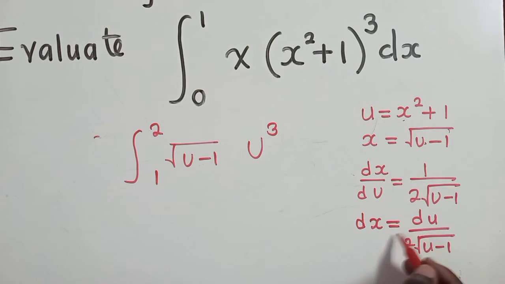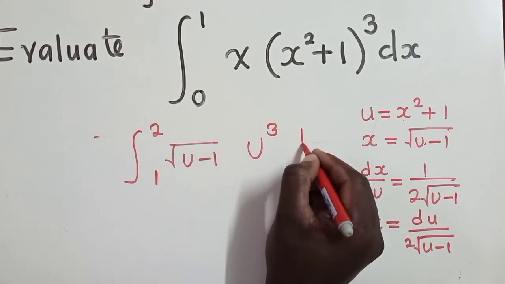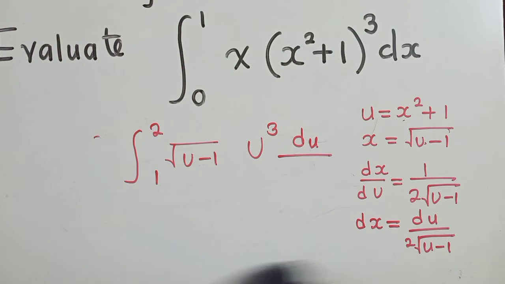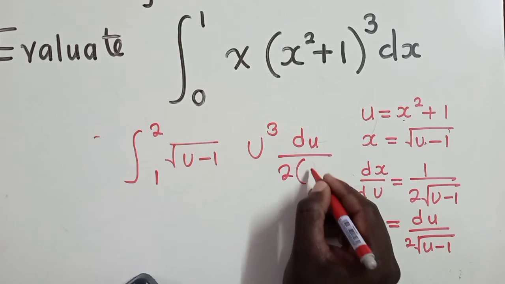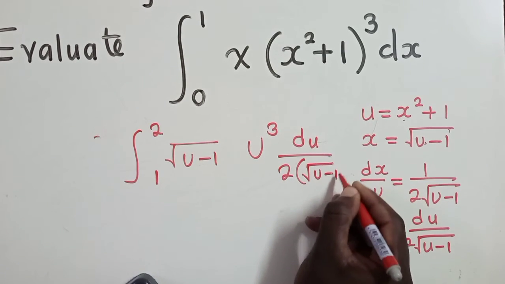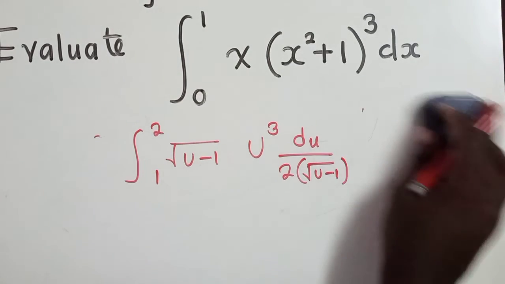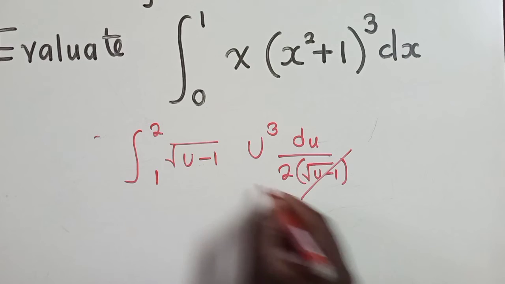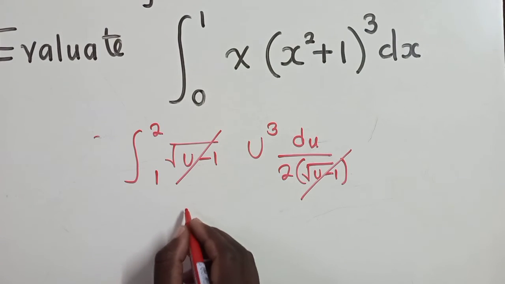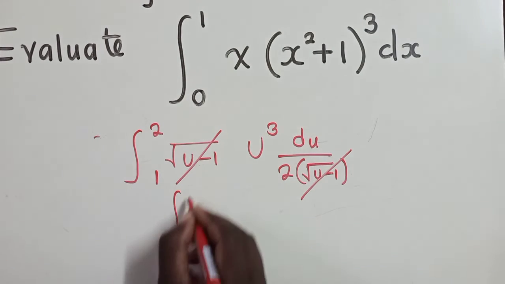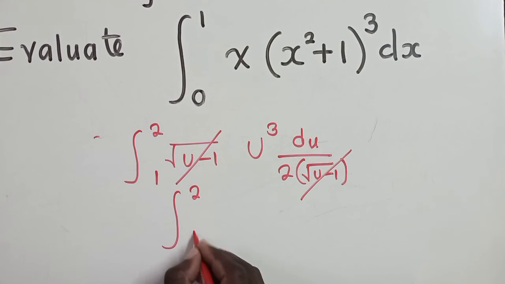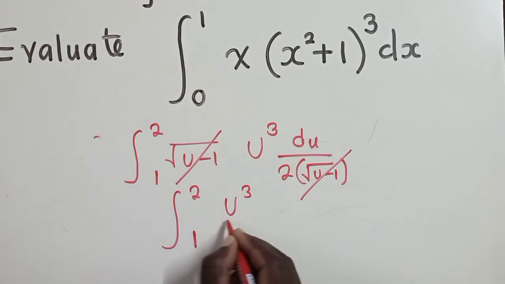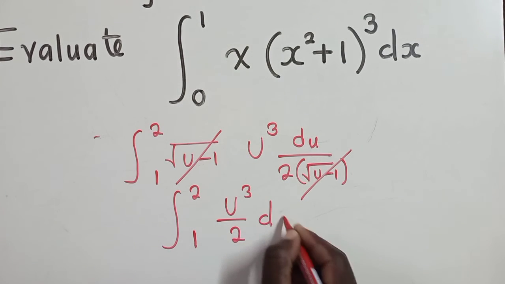For dx, we have dx right here, so it will be du over root 2 and the root of u minus 1. So this is what we have. Here we know that this and this will cancel. So we shall remain with the integral, limits from 1 to 2, of u to the power 3 over 2, du.